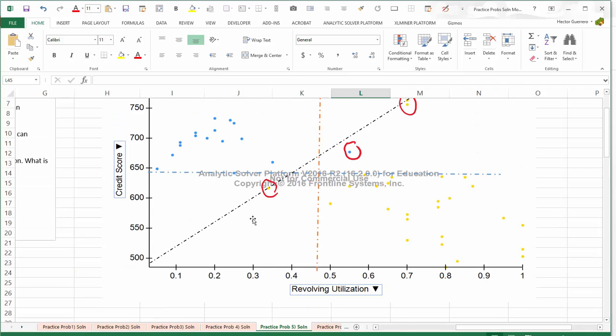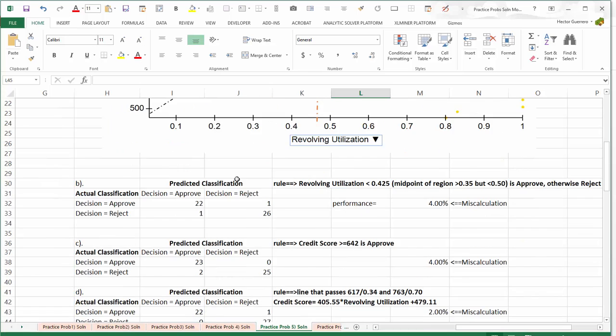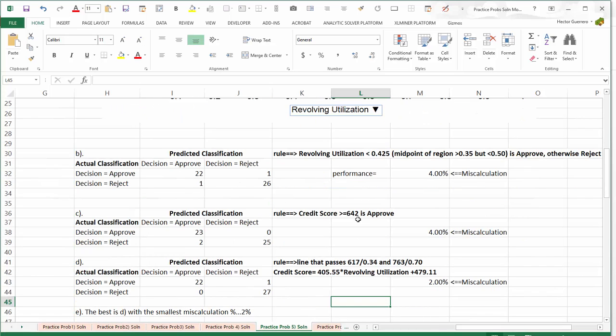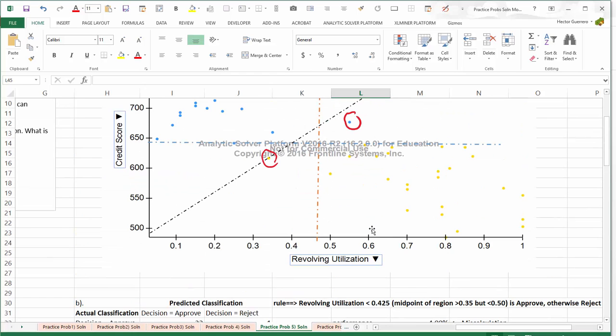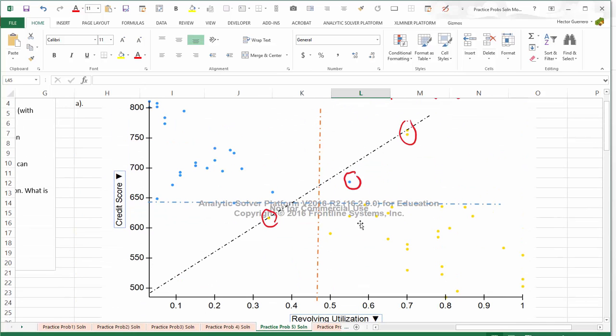The same thing happens with the vertical. Where do I draw the vertical? Well, this point right here is, I think, 0.642. So anything above 0.642, I'm going to say approve. Anything below, I'm going to reject. What I wind up getting is no problems with the approval. That's the lowest one.